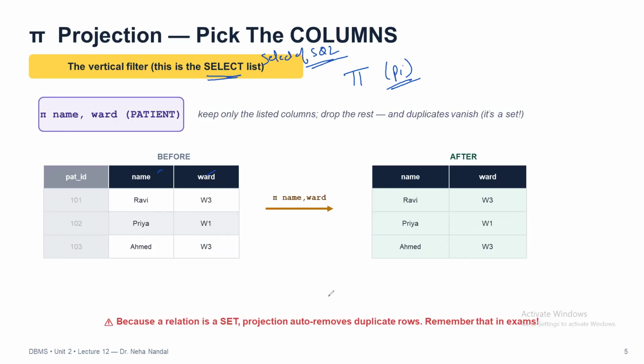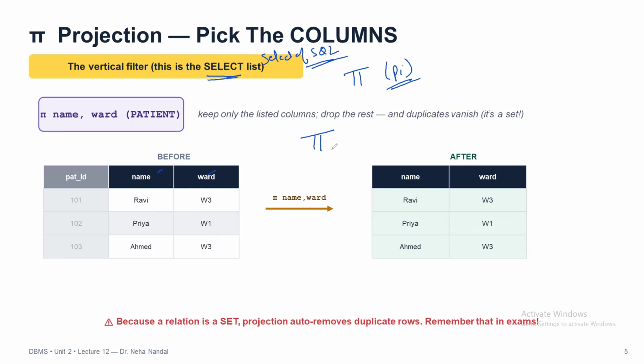So for right now, suppose we want to project only the name and ward from the patient table. Suppose I want to select and represent only the name and ward of the patient table. Then how will you represent it?